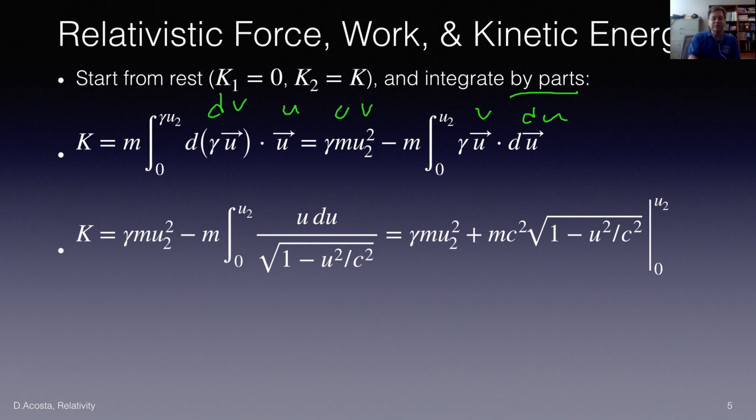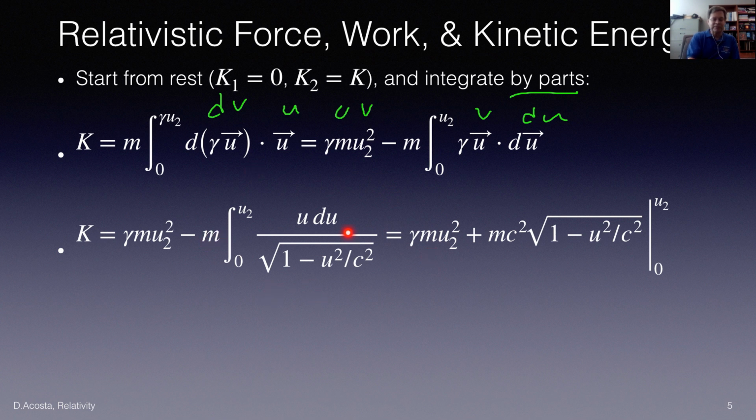We can do this integral with this radical here by doing a substitution. We can put a new variable inside the radical and integrate this by substitution. Or you can just go ahead and look up such integrals by integral tables or whatever program or application you may have. And so the final result will be here on the right. I still keep the gamma m u2 squared term. That was the very first term by integrating by parts.